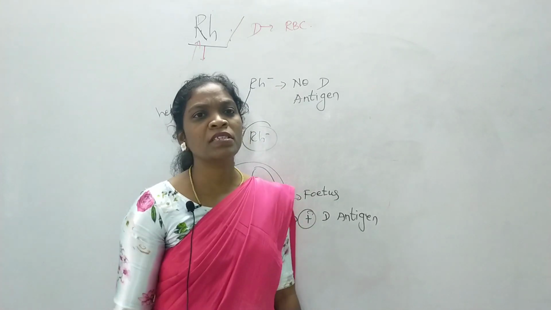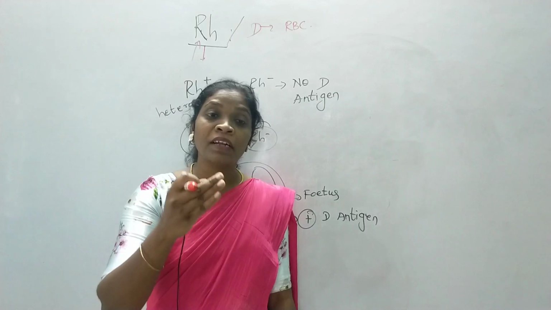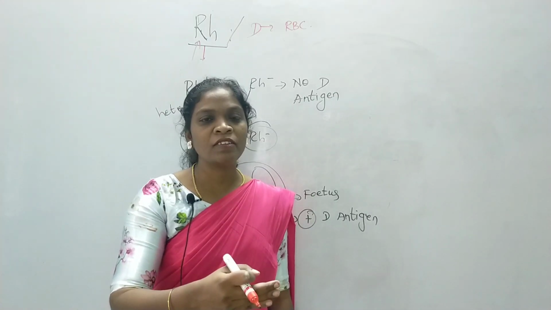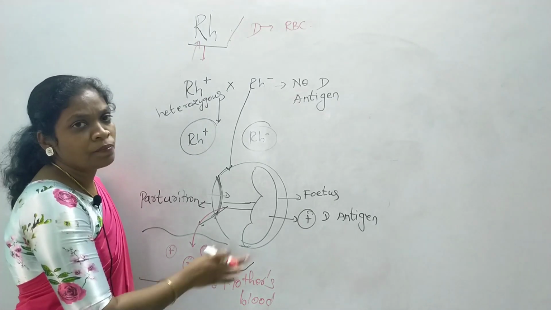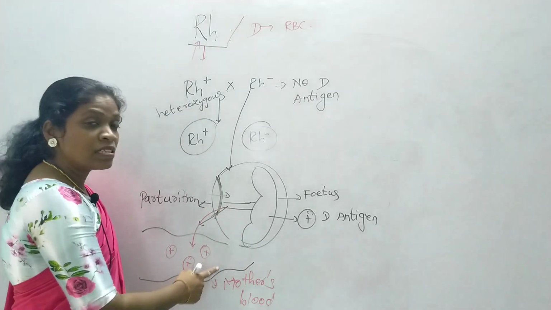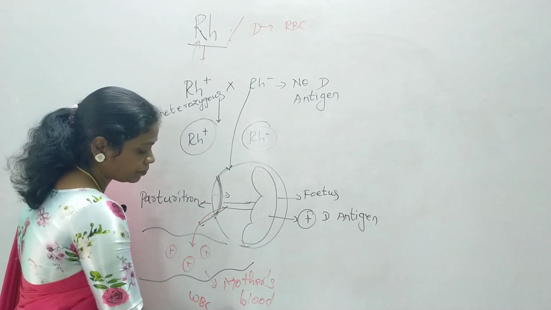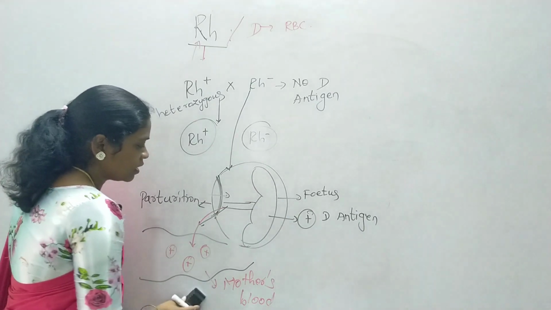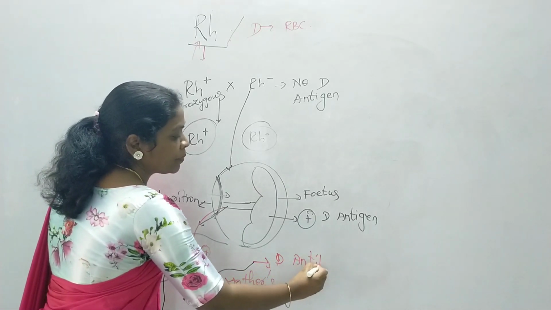The same happens here: during the first pregnancy, the fetal circulation releases the D antigen into the mother's blood circulation, where the mother doesn't have any D antigen. So the mother's WBCs will start to produce D antibodies to destroy the D antigen.